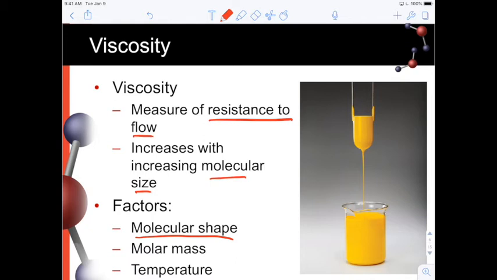If the individual molecules slide past each other easily, then we could say there's low viscosity. But if they have trouble moving past each other, you're having trouble breaking these intermolecular forces.